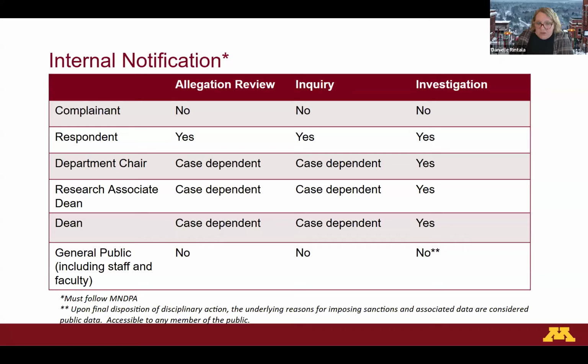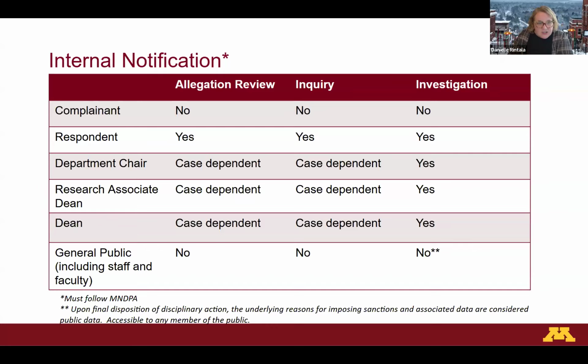So what happens once we have these reports? I think this is one of those situations where a lot of people aren't sure how that information gets communicated. And the fact of the matter is, as many of you may know, we are subject to the Minnesota DPA, and that restricts our ability to communicate information to different units.